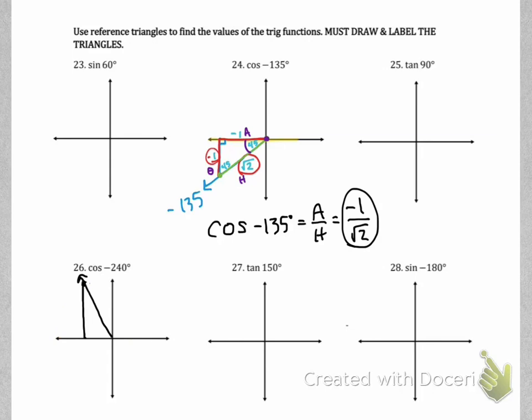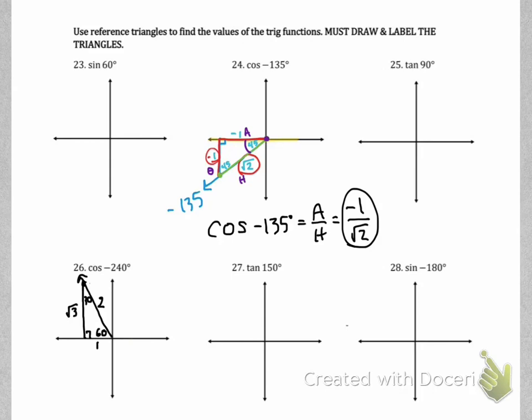The measure is 60. How is that helpful? Well, I need to be able to label this angle measure down in here, and it is 60 degrees. That's my theta. Now that means this up here is 30, so this is my 30-60-90 triangle. In order to label these three sides: there's my right angle, short leg is 1, hypotenuse is 2, and long leg is square root 3.